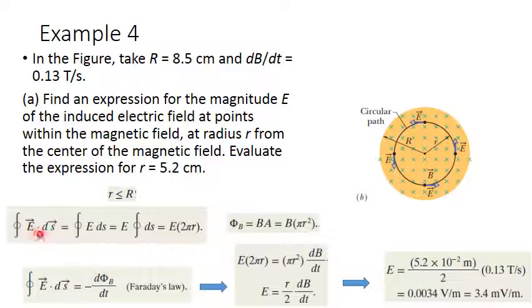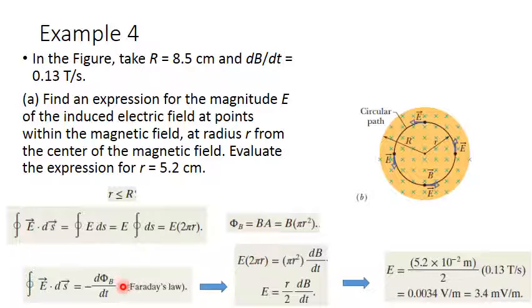And actually the integration on this closed loop equals the value of the electric field E multiplied by the circumference of the circle of small r. So this actually is E multiplied by 2 pi r.